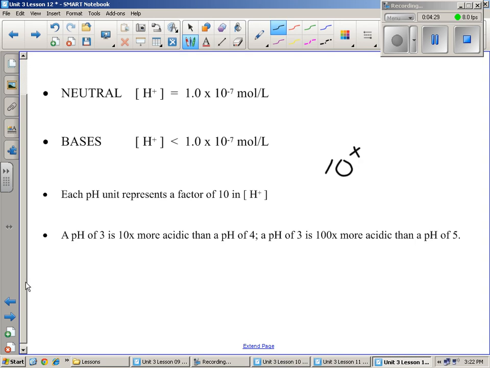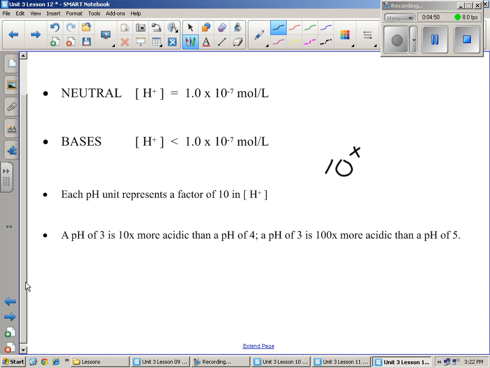So, what you have to understand, and this is important, is that a pH of 3 turns out to be 10 times more acidic than a pH of 4. 3 is more acidic than 4, yes? It's lower on the scale.